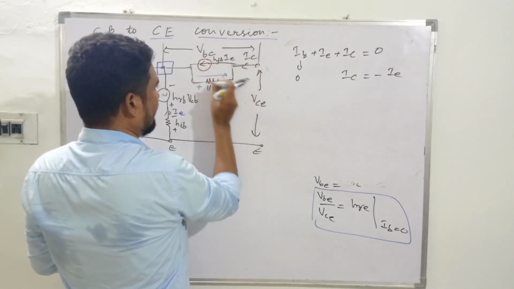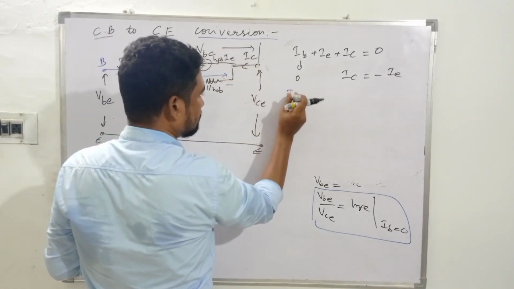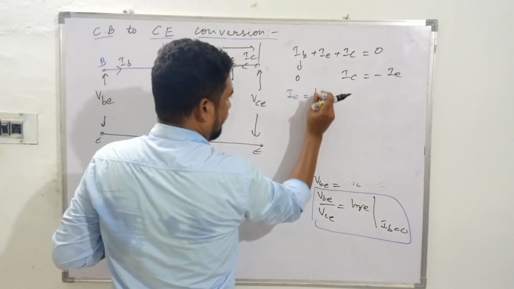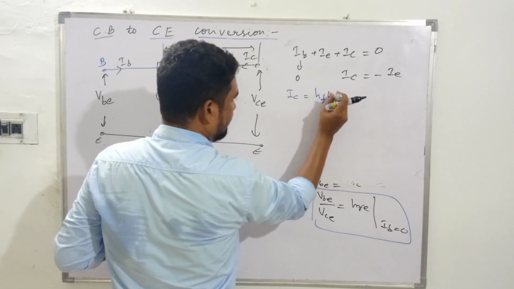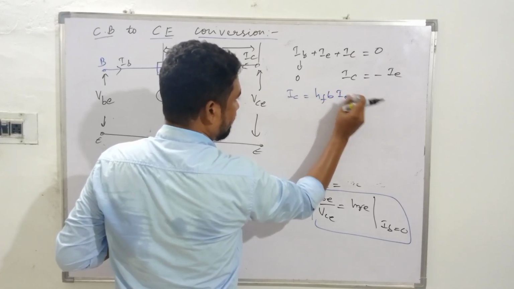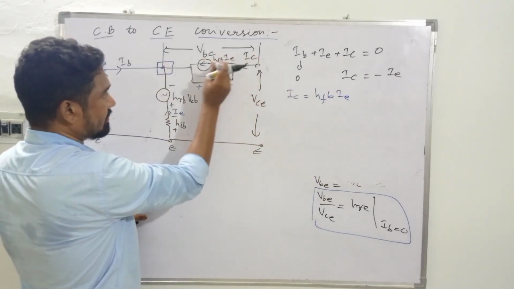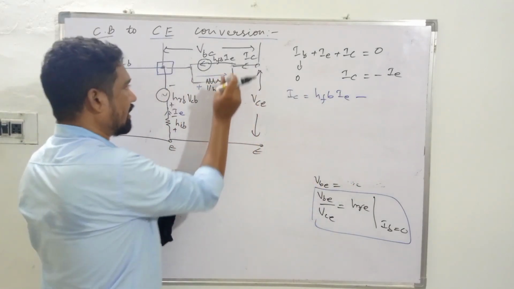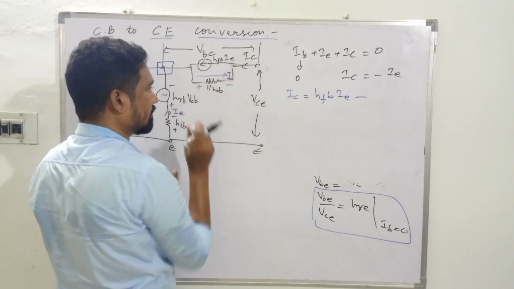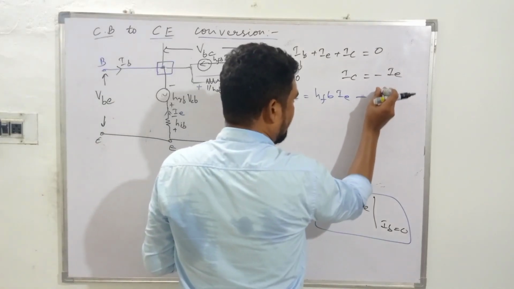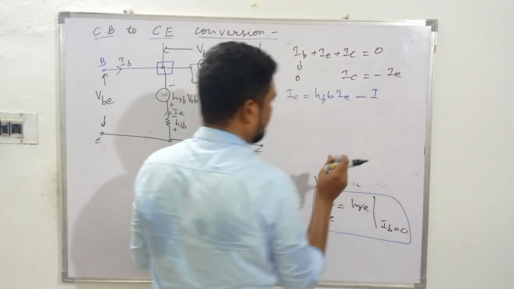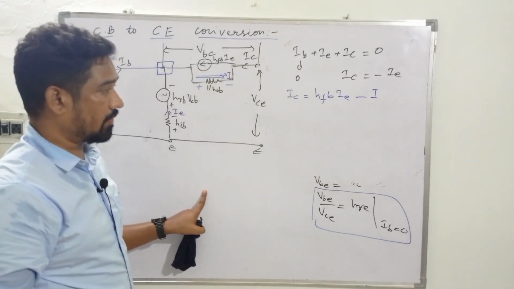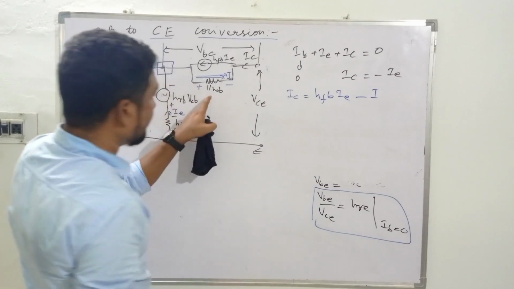IC will be equal to HFB IE, which is in the direction of IC, minus I. Let some current I be given over here, minus I over here. Let some current which is flowing in this direction be I. All right.